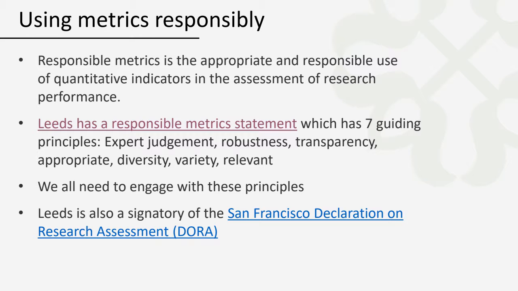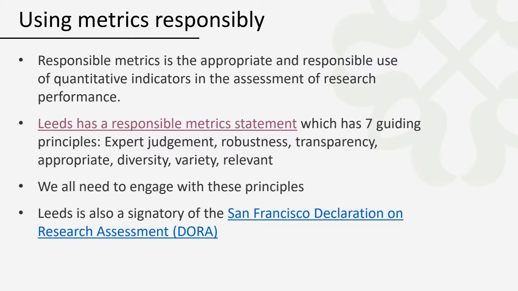In terms of journals, it's also really important that when we're deciding where to publish, we think about the readership, the aims and the scope of the journal, the rigor of the peer review process, compliance with any university open access policies and other sorts of policies as well.